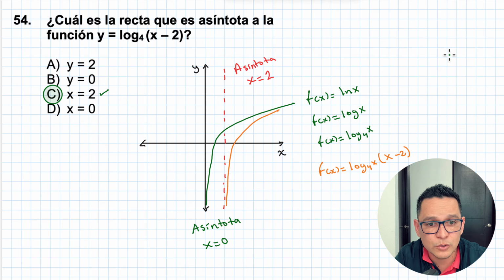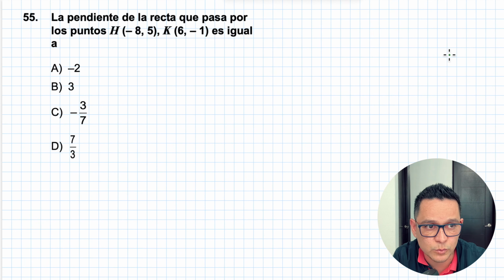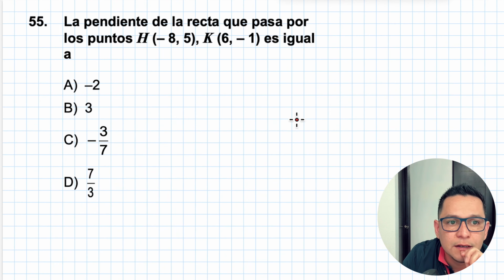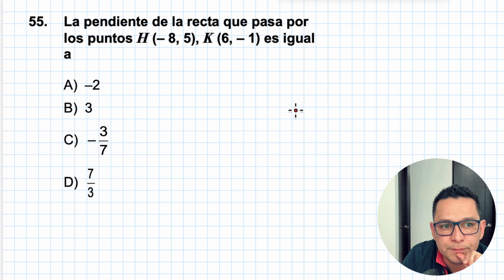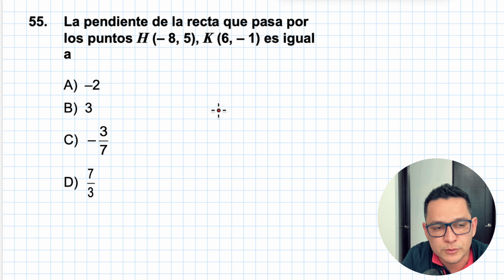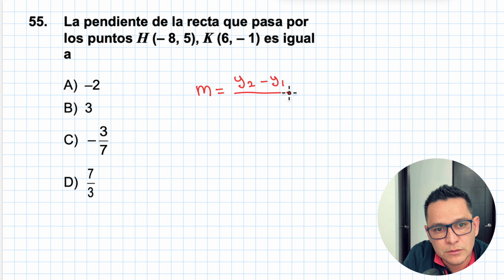Let's continue. Let's move on to exercise 55. The slope of the line that passes through points H and K is equal to A, and they give us 4 possible answer choices. We're going to calculate the slope using the following formula. We're going to put y2 minus y1, and we're going to divide this by x2 minus x1.